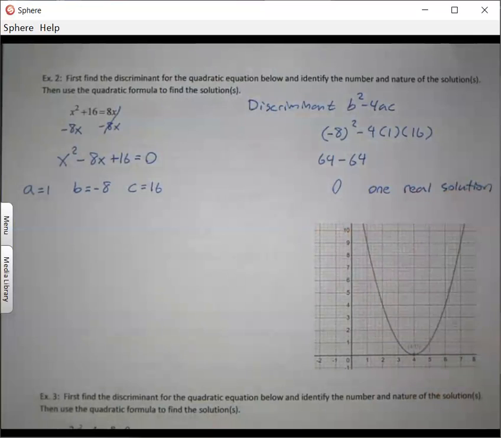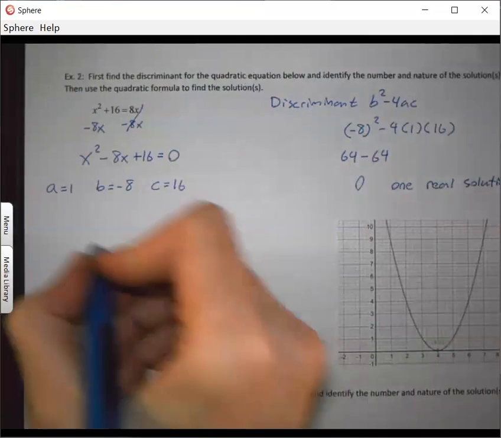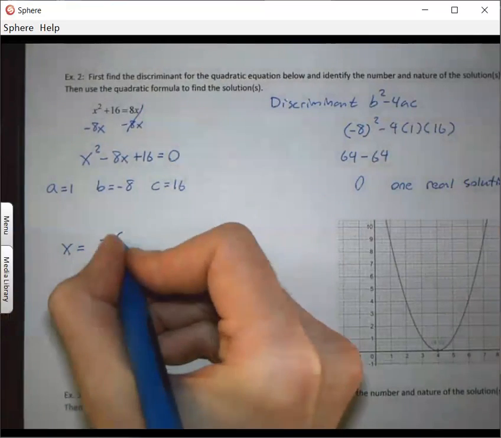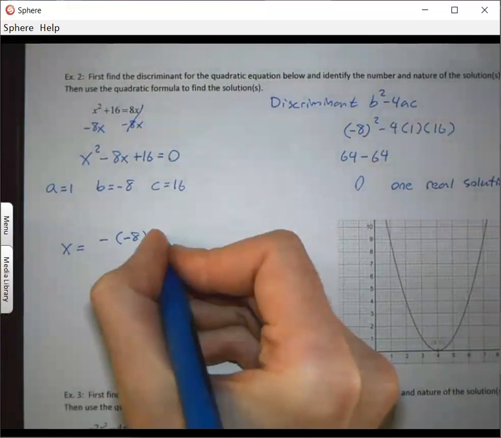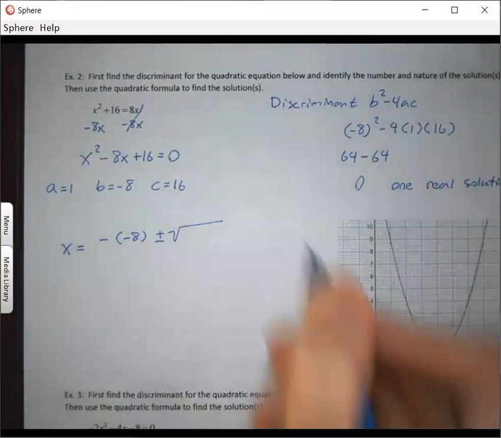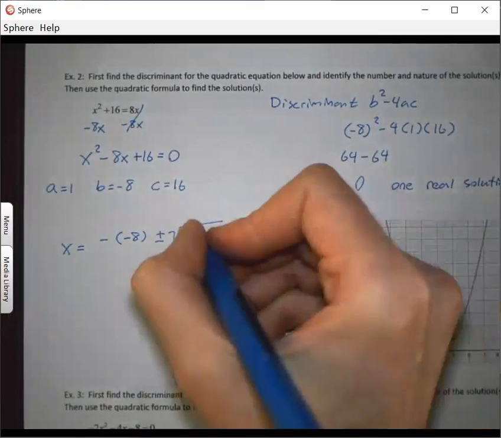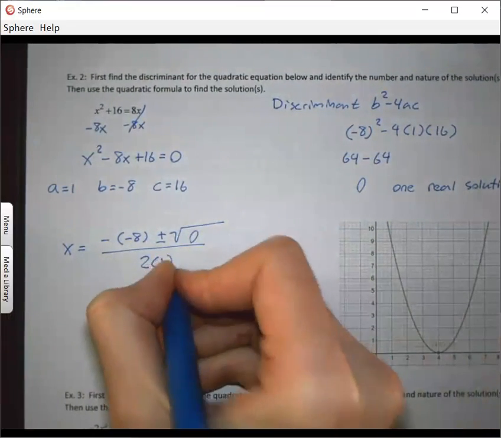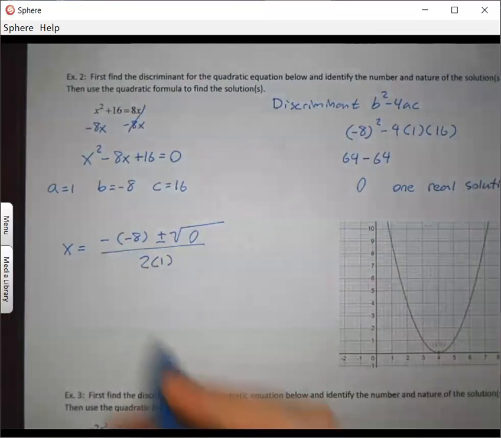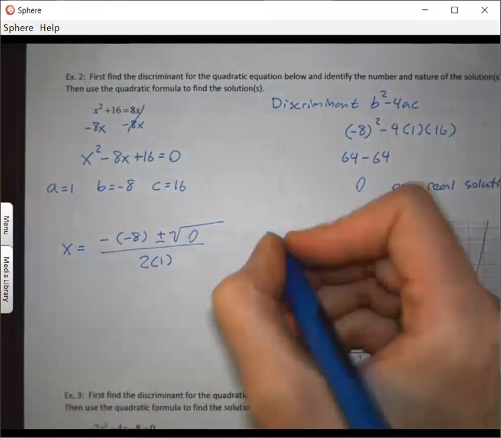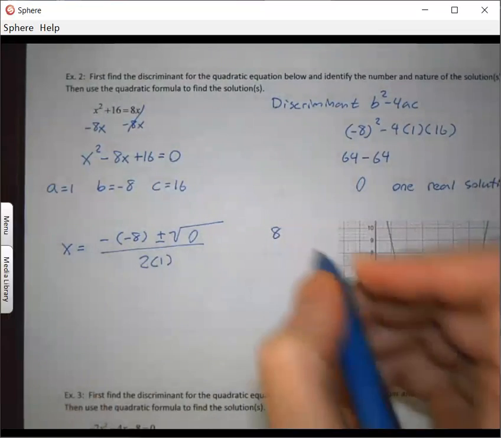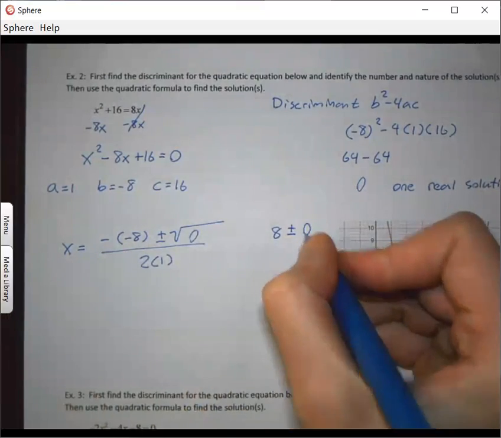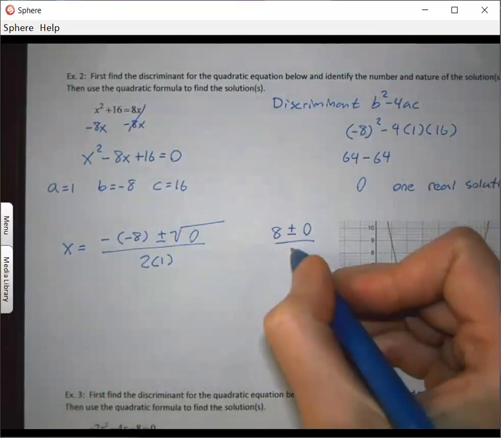All right, so let's finish the quadratic formula. So x is equal to minus b, which is minus 8, plus or minus the square root of our discriminant, which we found was 0, over 2a. So simplify. Minus a minus 8 is positive 8, plus or minus the square root of 0, which is 0. 2 times 1 is 2.